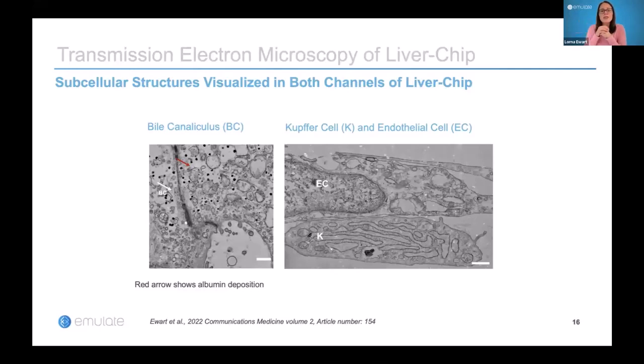On the right-hand side, you can see the endothelial cell with a Kupffer cell sitting below it. The Kupffer cell is obvious due to lots of RER as well as pseudopodia on the right-hand side, whereas the endothelial cell has lots of lysosomes, which is very typical of this cell for its endocytic capacity.